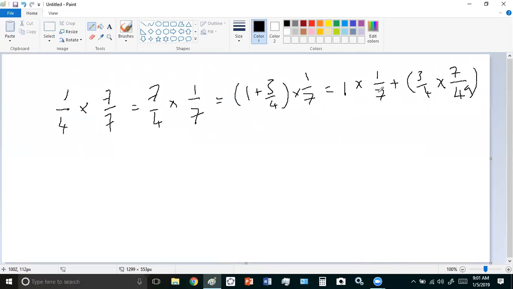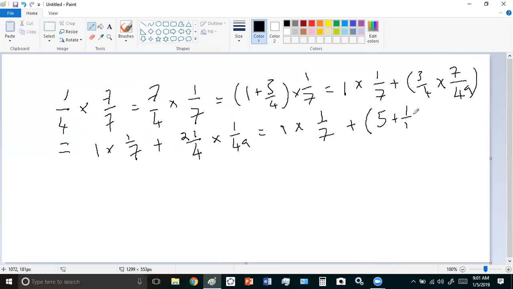I just multiplied this by 7/7, and that will give us 1 times 1/7 plus 21/4 times 1/49, which is the same as 1 times 1/7 plus, and again here we're going to have 5 plus 1/4, 5 plus 1/4 times 1/49, okay?